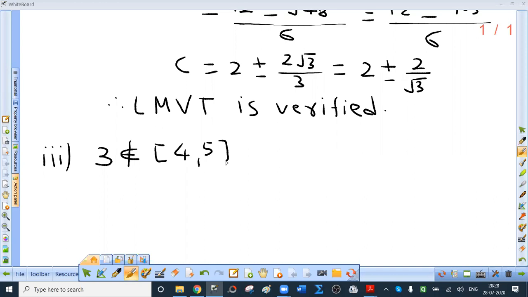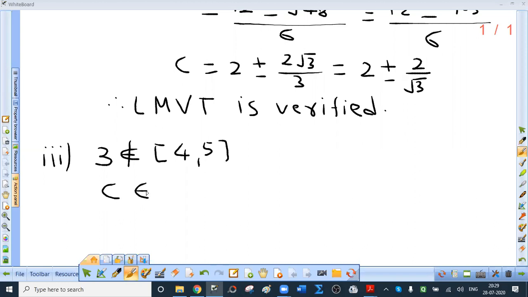Thus, f satisfies conditions of LMVT. Therefore, there exists C belonging to open interval 4, 5. स्क्रीनवर बघा हवं तर.